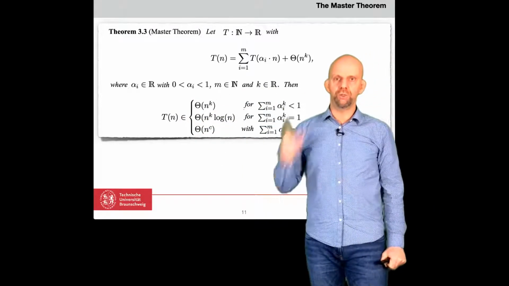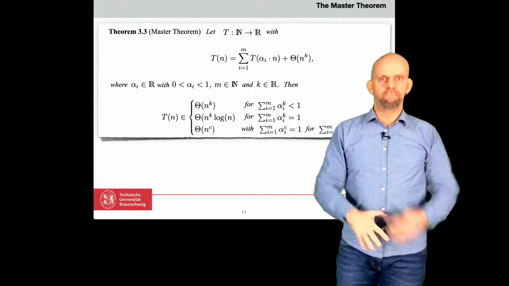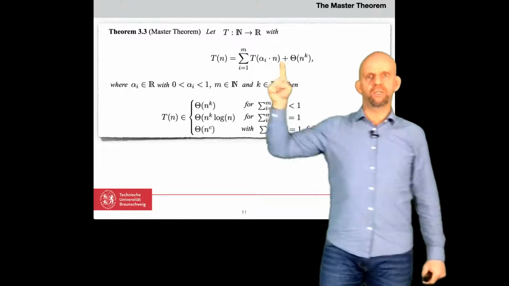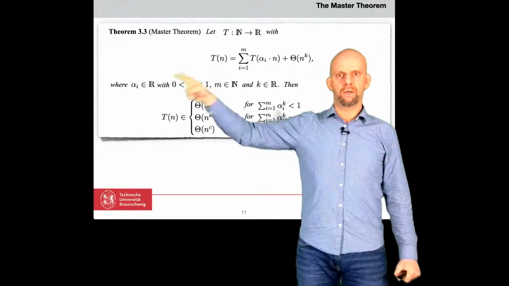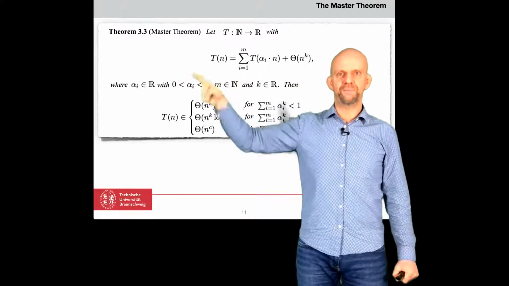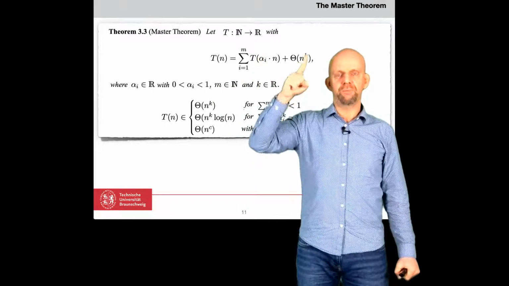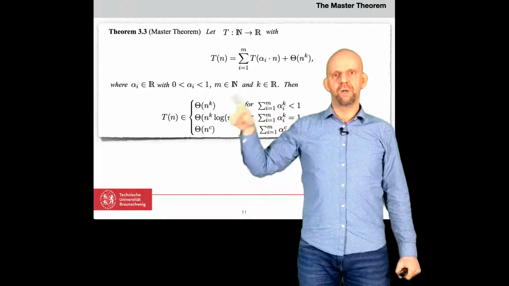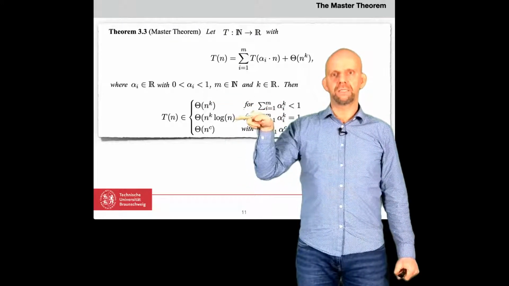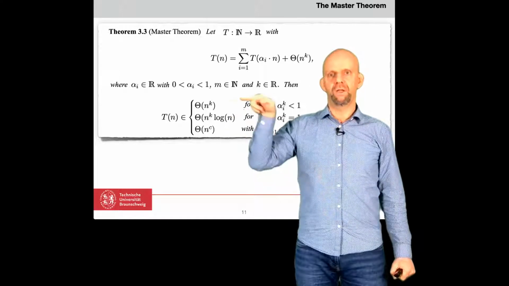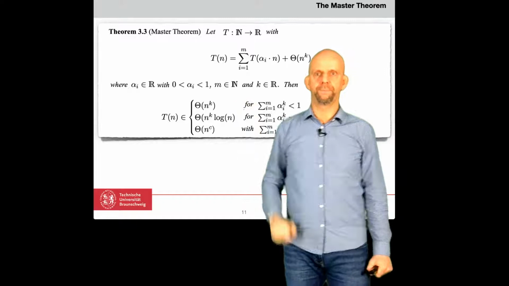You don't need to worry about what the algorithm is, whether it does certain fancy things. All you need to do is look at this equation, look at these parameters and this exponent, and do a little bit of calculation, and you will get the complexity of this recursively defined runtime.